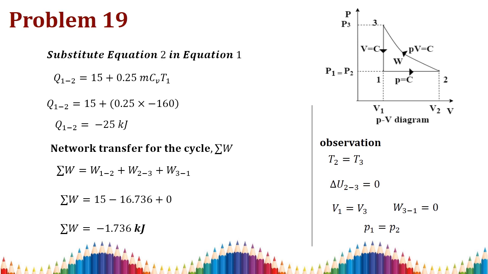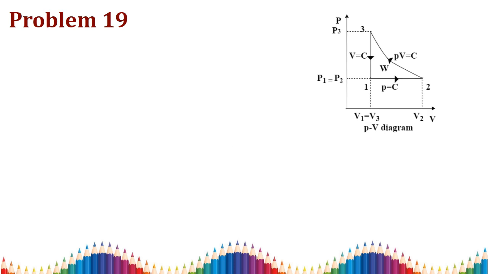Also the net work transfer for the cycle will be work done of 1 to 2 plus work done of 2 to 3 plus work done of 3 to 1. Work done of 1 to 2 is 15, work done of 2 to 3 is minus 16.736, and work done of 3 to 1 is 0, since it is a constant volume process.